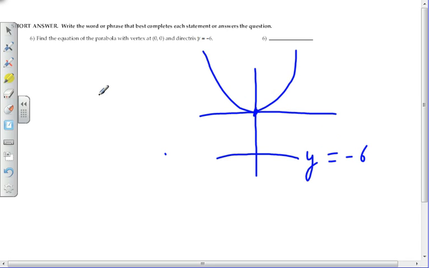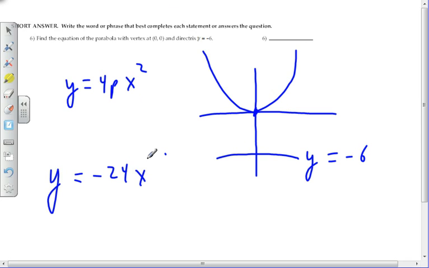Okay, so we remember that y is equal to 4px squared, right? Is that the equation we remember? So the answer would be y is equal to minus 24x squared. Oh, no. Because the p comes from the focus.